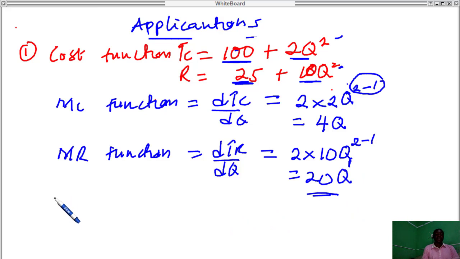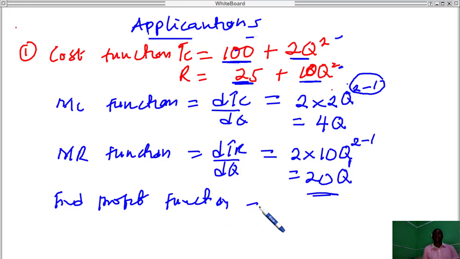We can also be asked to find the profit function, which will be total revenue minus total cost.